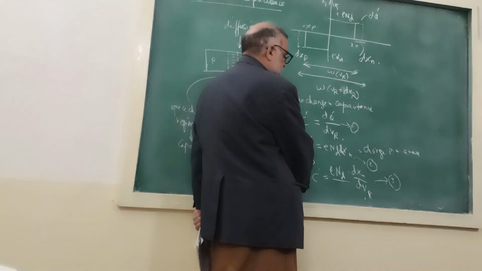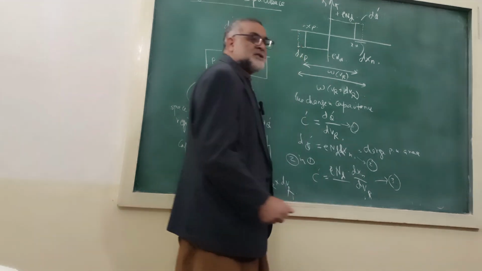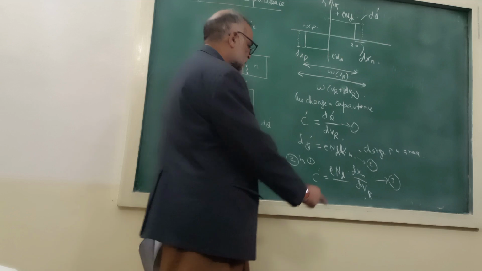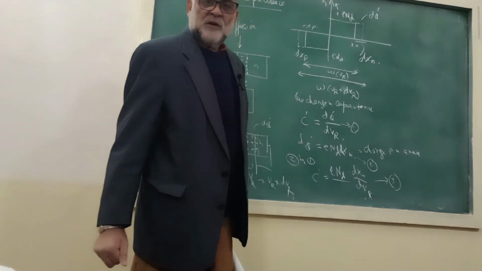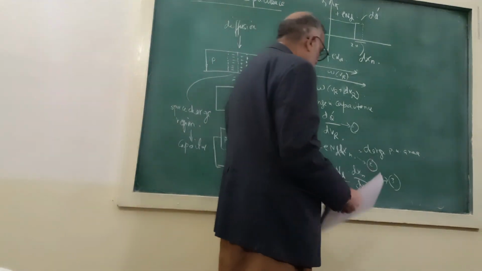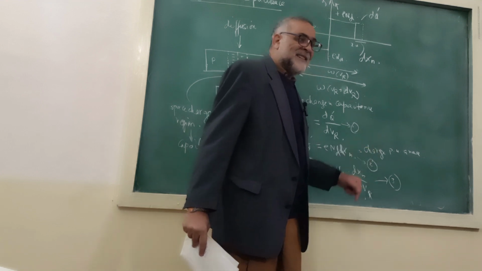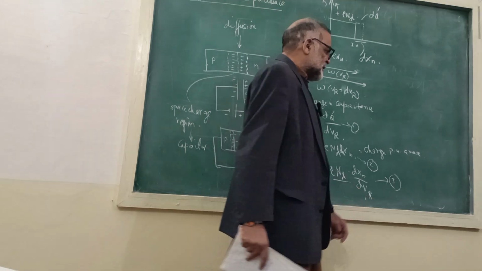It depends upon the rate of change of extension in the depletion region with the reverse biasing voltage. So now we know the value of x_n from our previous knowledge. How does it depend upon the reverse biasing?